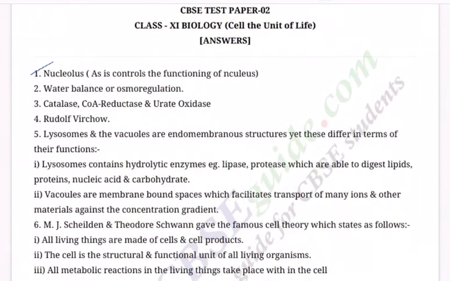Question number 1, as expected, little nucleus is nucleolus, as it controls the functioning of the nucleus. And of course you must remember, nucleolus plays a vital role during cell division, mitosis and meiosis. Question 2, water balance or osmoregulation. This is an important concept in this chapter.